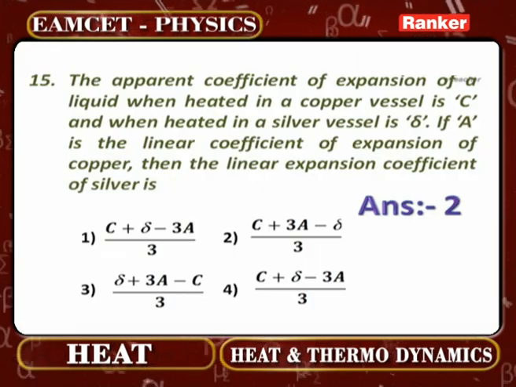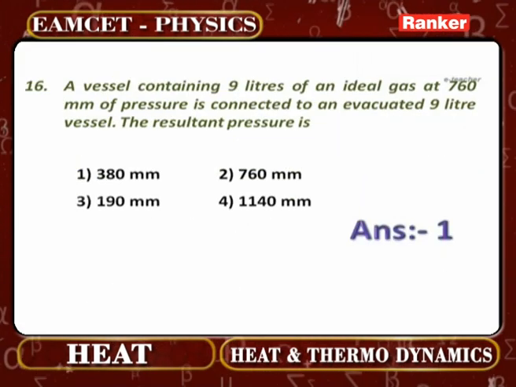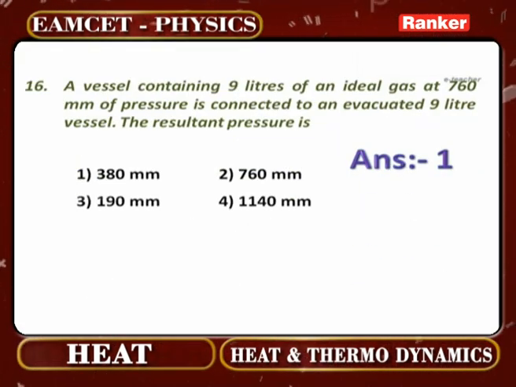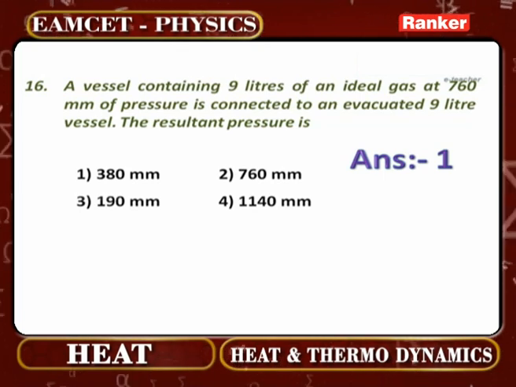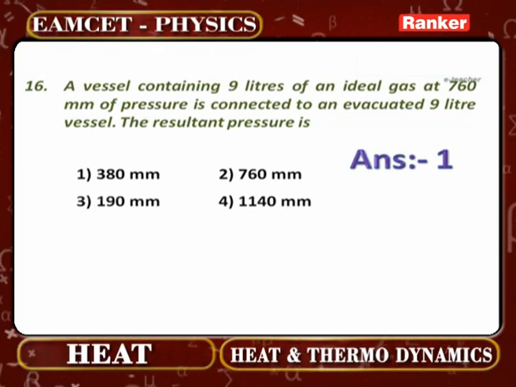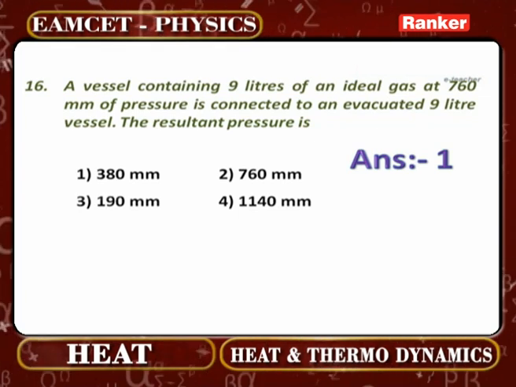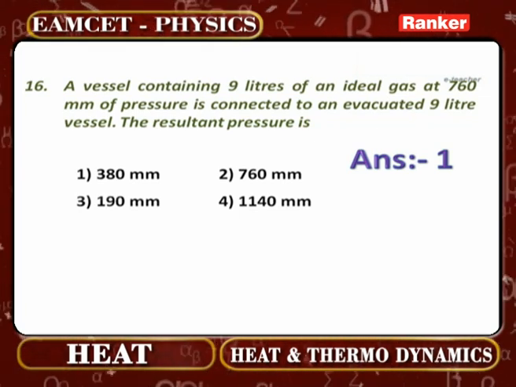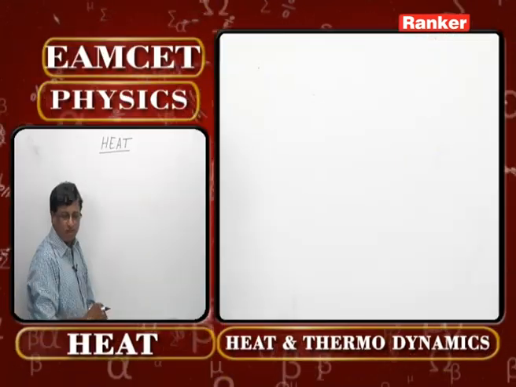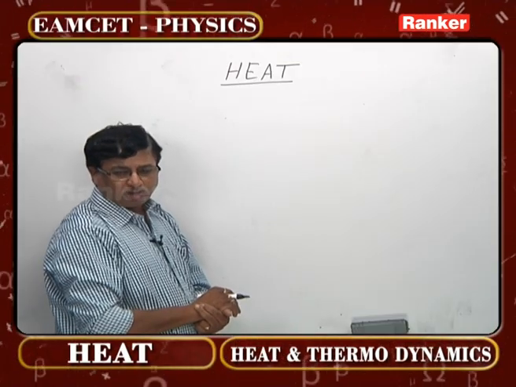Look at the next problem, problem number 16. A vessel containing 9 liters of an ideal gas at 760 millimeter of pressure is connected to an evacuated 9 liter vessel. What will now be the resultant pressure of the system? From this question onwards, we have some applications of expansion of gases. Look at the first one.